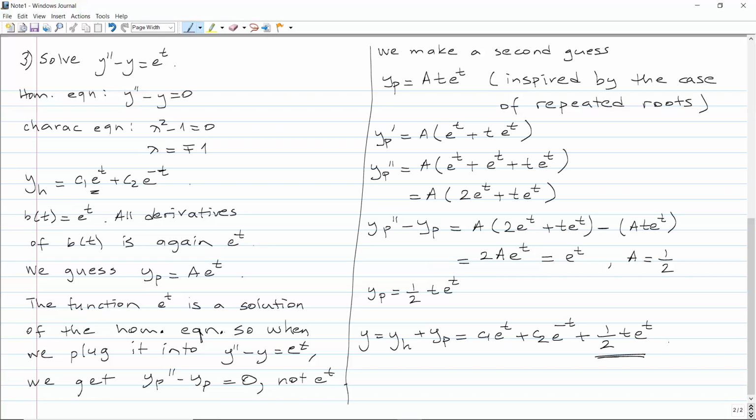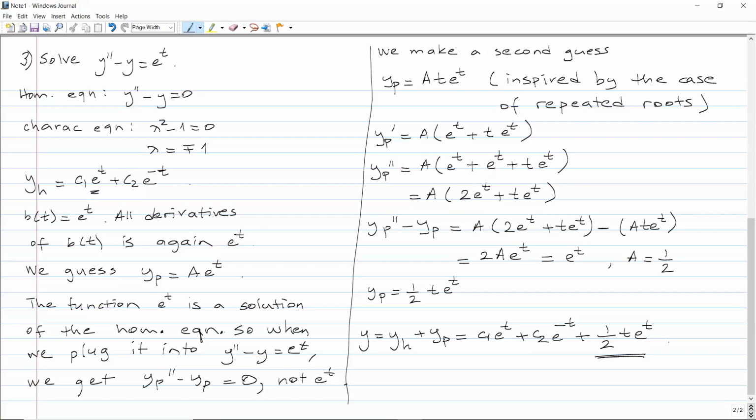The constants come from the general solution of the homogeneous equation, because for the homogeneous equation, we have the principle of superposition. So once we get two solutions, any linear combination is also a solution, but that's only for homogeneous. The principle of superposition doesn't work for non-homogeneous.